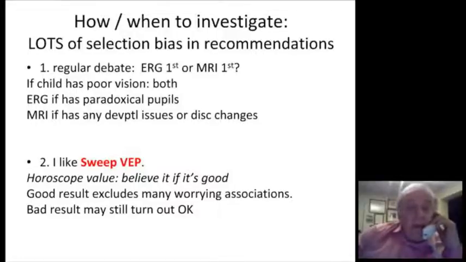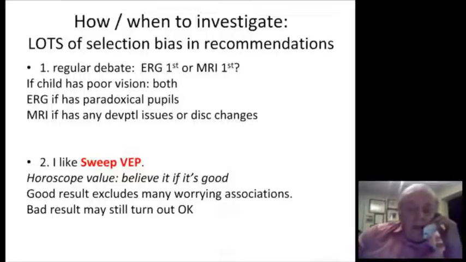I think if it's clear that the infant has poor vision, they need both done first. If the infant has paradoxical pupils, and it's always a great sign to teach the resident, then they need an ERG. If there's any developmental issues or any disc changes, they need an MRI.